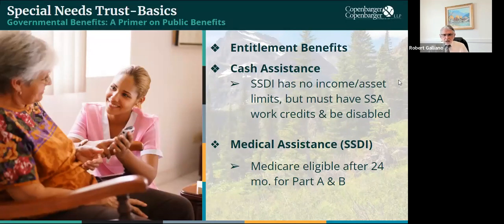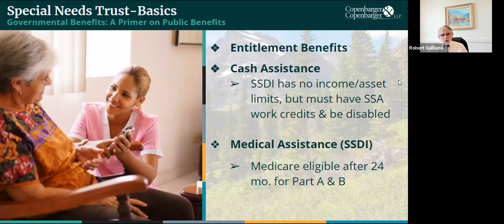That's a term used in a lot of the legalese, but the idea is that you worked, you paid taxes, you're entitled to it. You don't have to qualify income or asset-wise. You worked. That's what the word entitlement means.